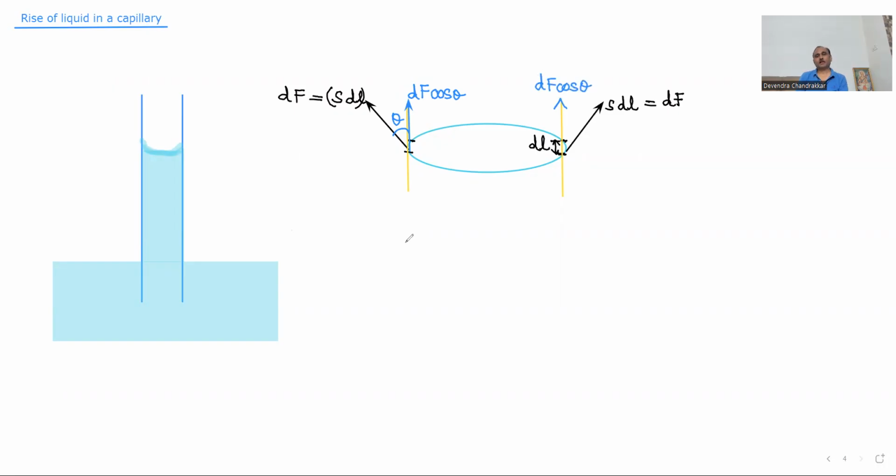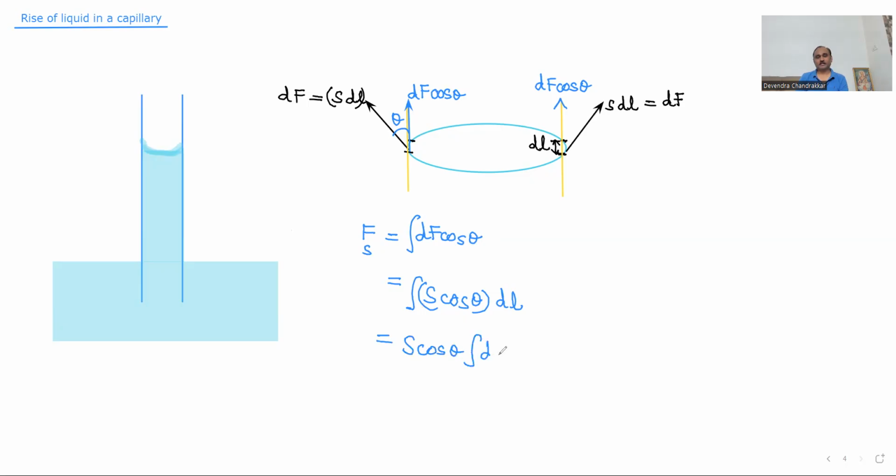Now the net force because of surface tension is how much? It's the integral of only the cosine components of all these dF's. So this is S cos theta dL. Cos theta is a constant, and surface tension is a constant value.